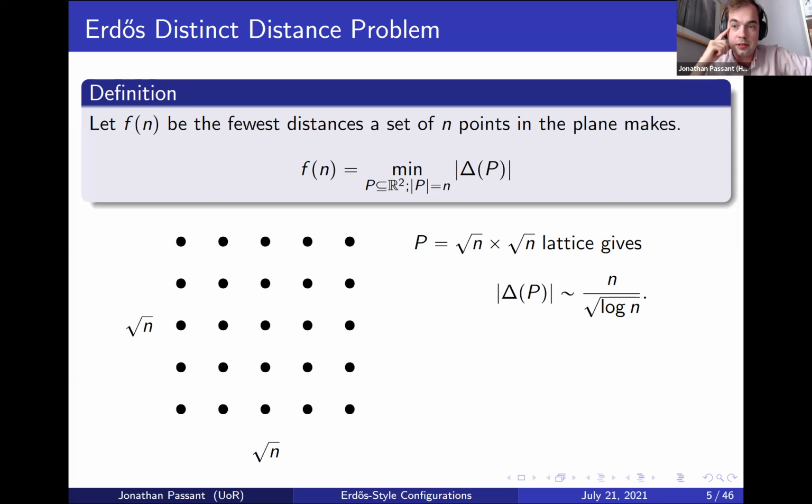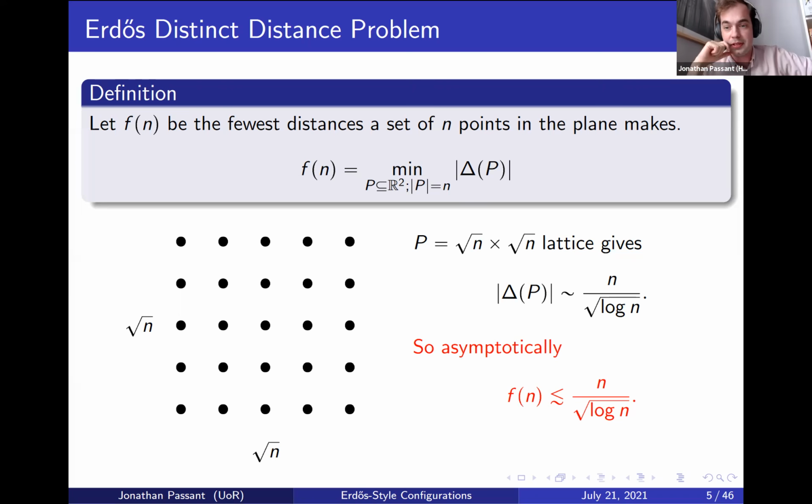When you see epsilons popping up in the remainder of the talk, in 2 dimensions this is normally due to number theoretic considerations that we will generally brush under the rug. So this shows that we always have this root n by root n lattice, and asymptotically we can bound it up to constants by n over root n. If you see these squiggles, it means I'm hiding some constants when I talk about these.